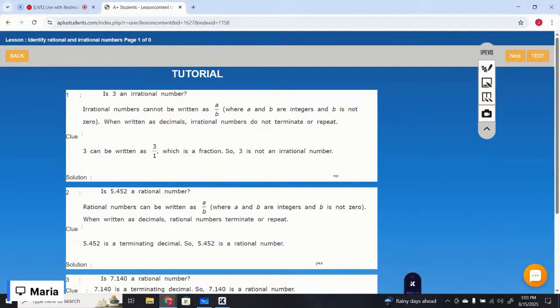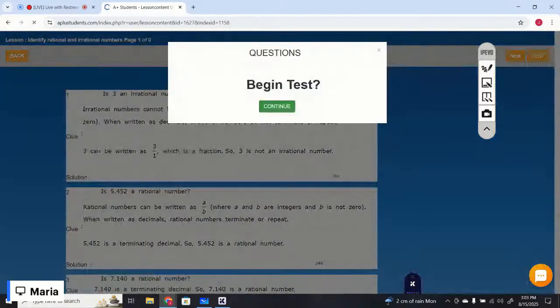Irrational numbers cannot be written as a by b. When written as decimals, irrational numbers do not terminate or repeat. So 3 can be written as 3 by 1, which is a fraction. So 3 is not an irrational number. Let's just start with the test questions.